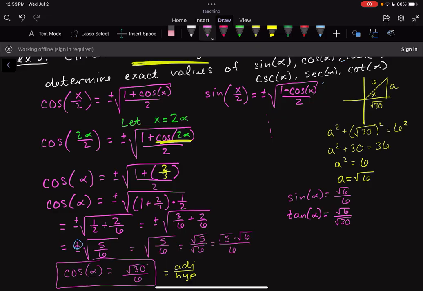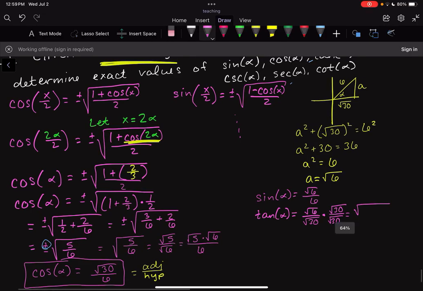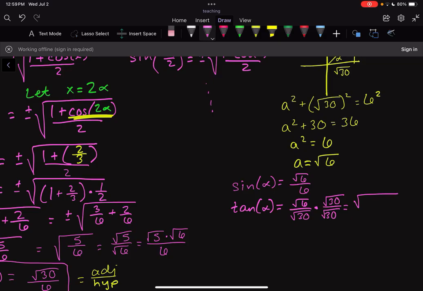Be careful here, they're going to want you to simplify. Simplified would be times square root 30 over square root 30. And this can break up. So let's see. Right now I'm just doing some algebra.